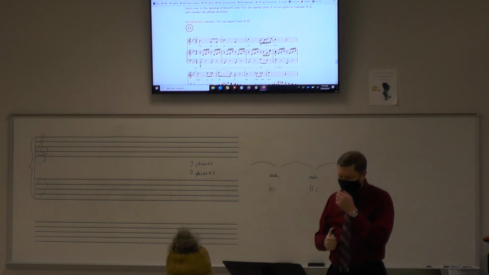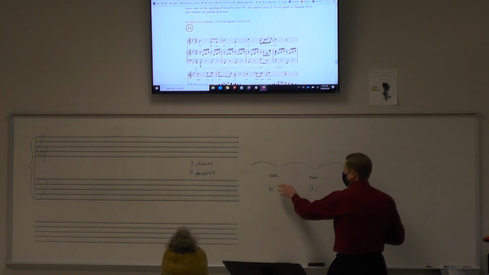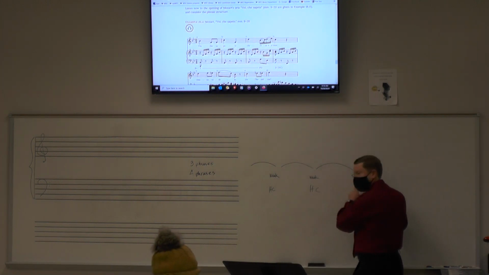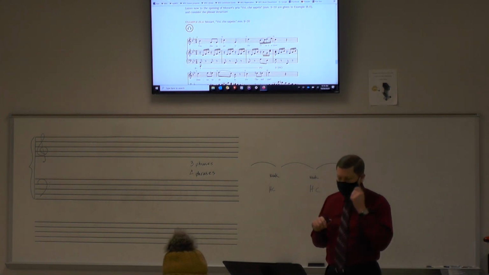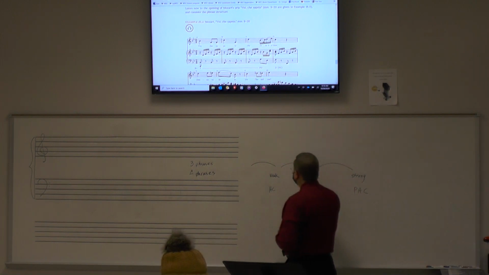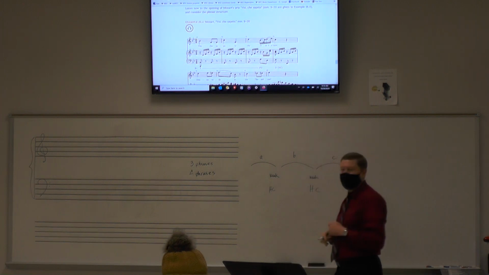But in order for a 3-phrase period to exist, the cadence structure has to be something weaker than the end, something weaker than the last cadence, and finally the strongest cadence at the very end. And generally speaking, the phrases in a 3-phrase period are different so that we have labels like that.